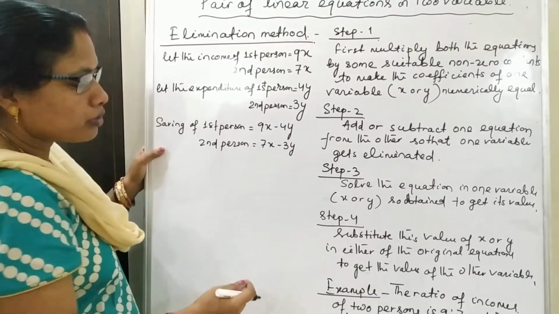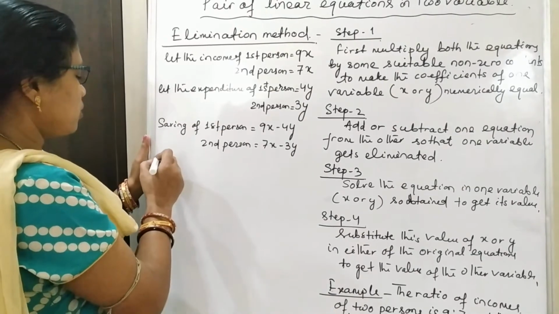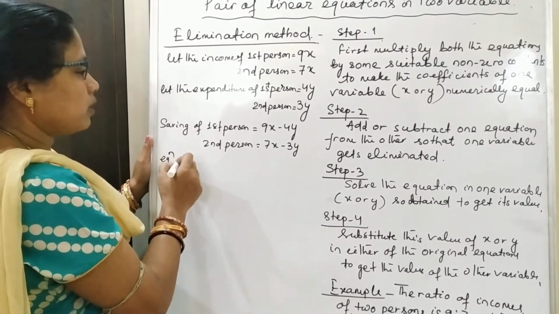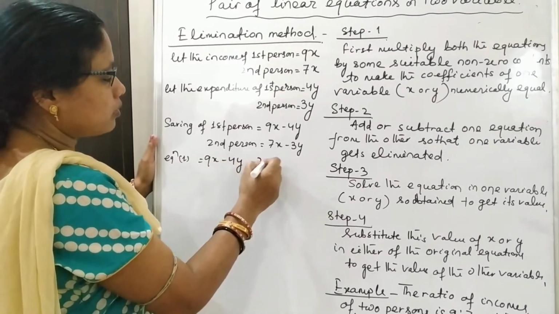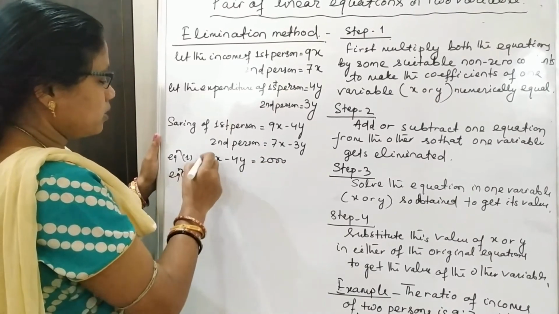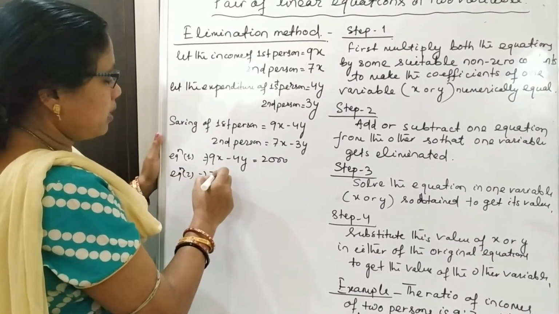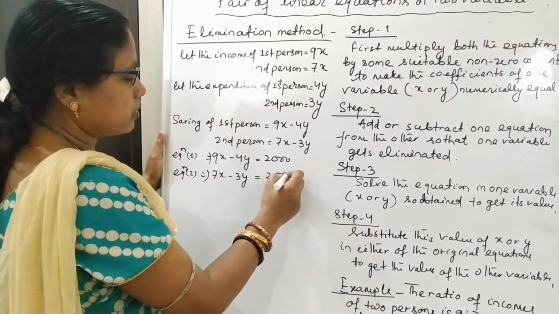According to the question, their savings are equal, that is rupees 2000. So our equation 1 is 9x minus 4y is equal to 2000, and equation 2 is 7x minus 3y is equal to 2000.